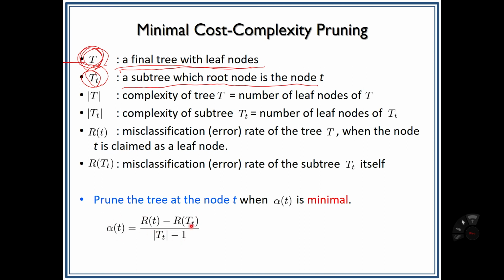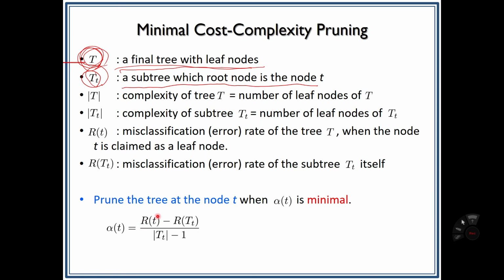And we want to find the node t of minimal alpha t. So we want to cut off as many leaf nodes as possible with as little sacrifice of error rate as possible, right?